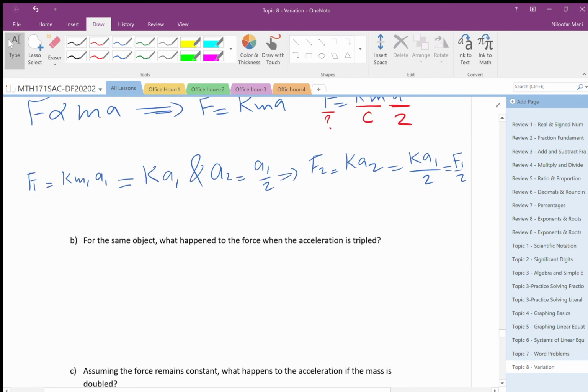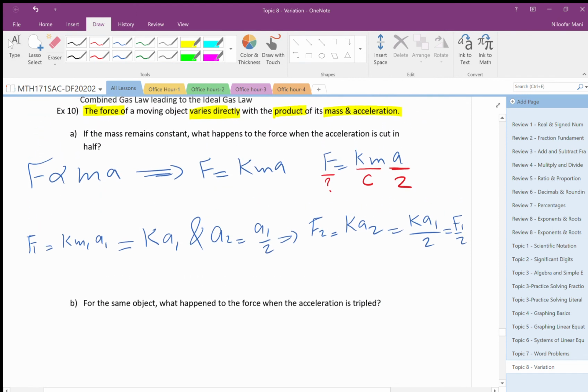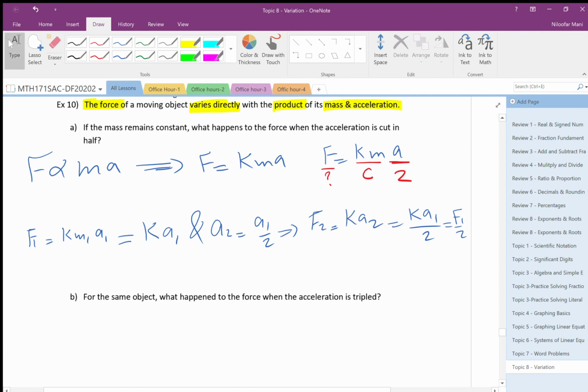How about here? For the same object, what happened to the force when the acceleration is tripled? Okay, if acceleration is multiplied by 3. Okay, so F1 is Ka1 and acceleration is 3a1.